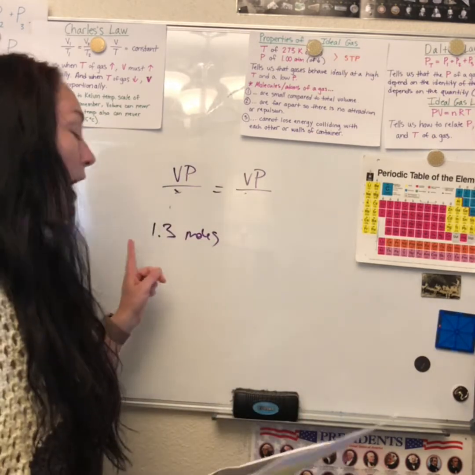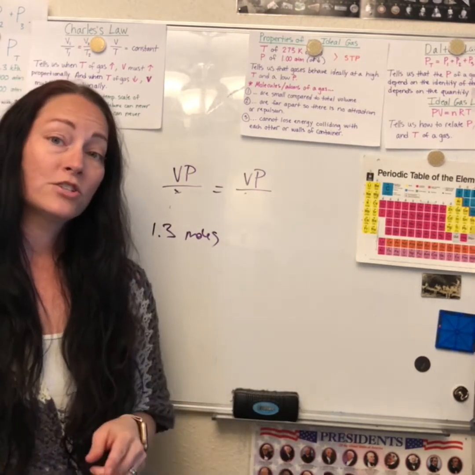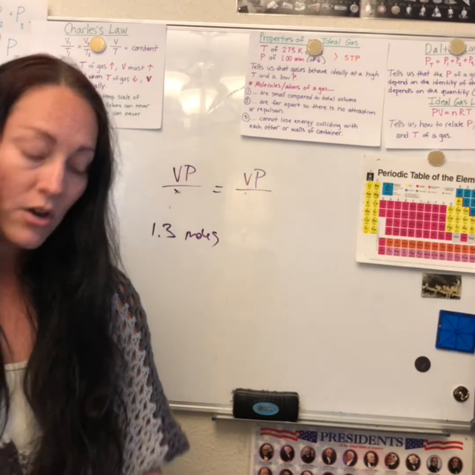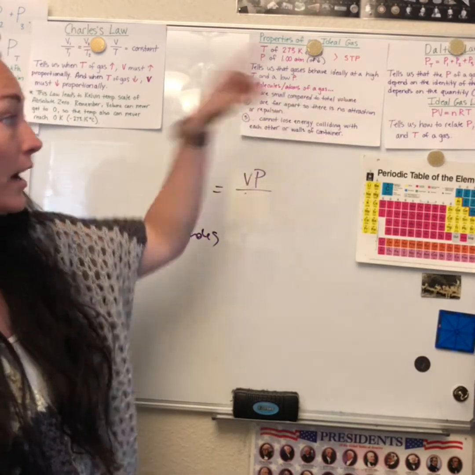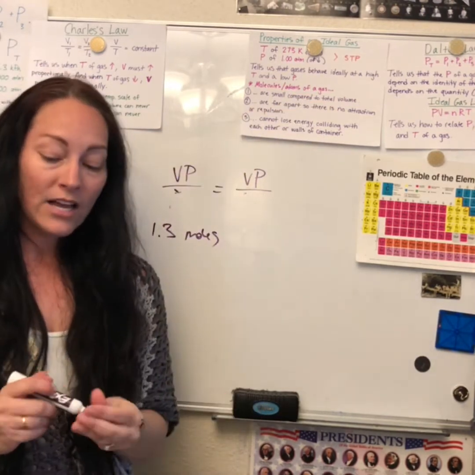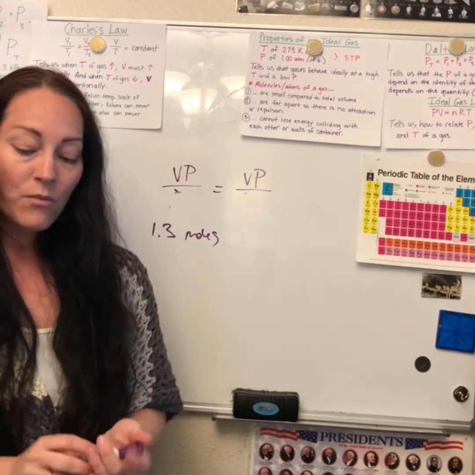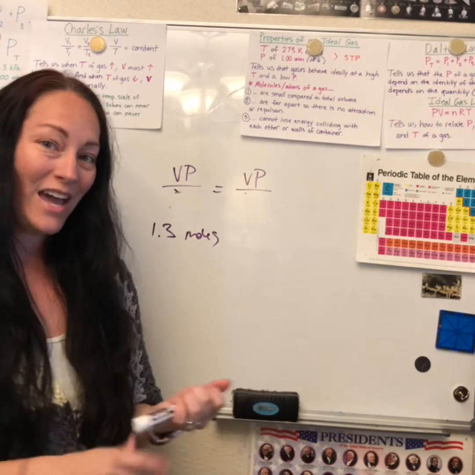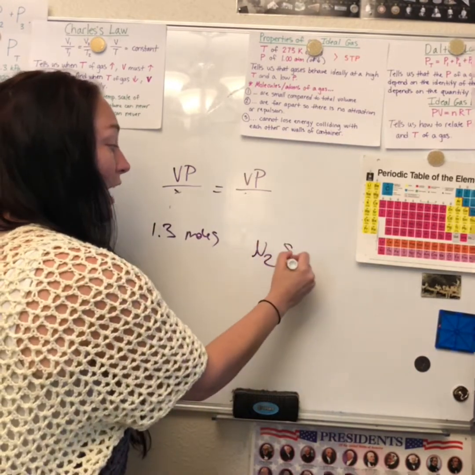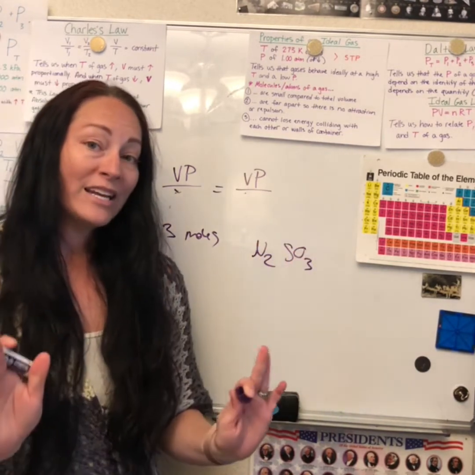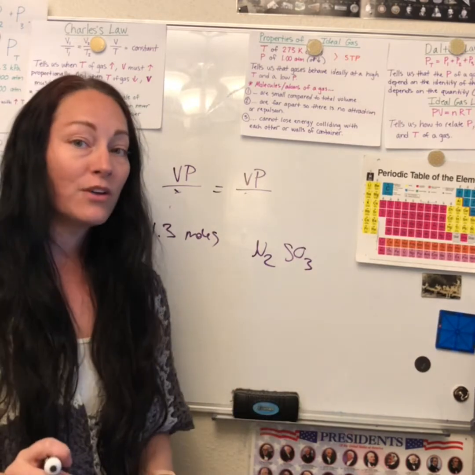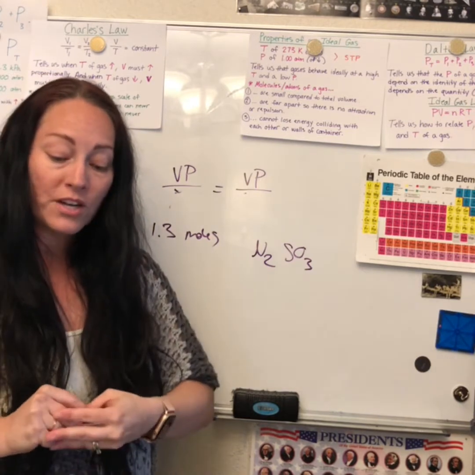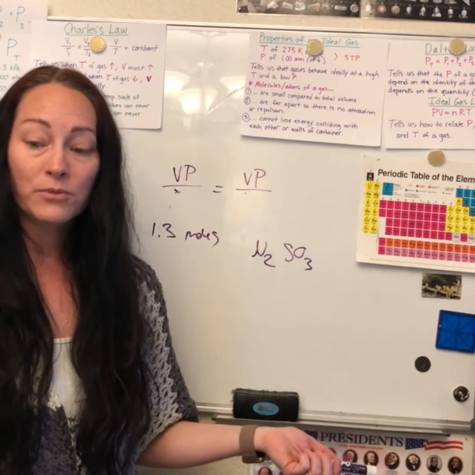So if I know right away, if I have 1.3 moles of each, I have the same amount of each, okay? And we know from Dalton's law that when we're talking about pressure, it doesn't matter what the identity of the gas is. It doesn't matter if it's N2 or SO3. It just matters how much you have of it, what quantity it is. So we have the same quantity, 1.3 moles. Therefore, the pressure is going to be equal between the 2. Okay?